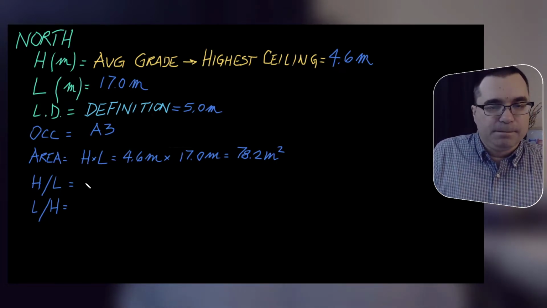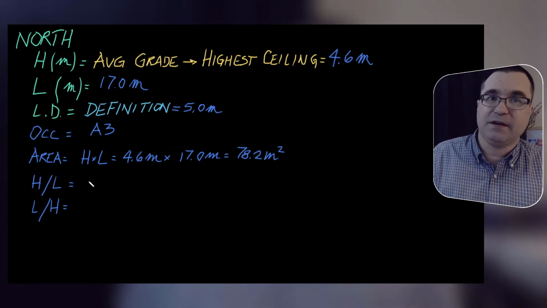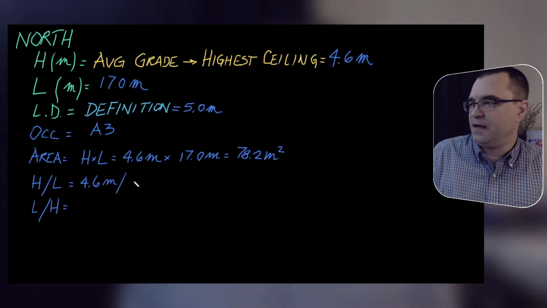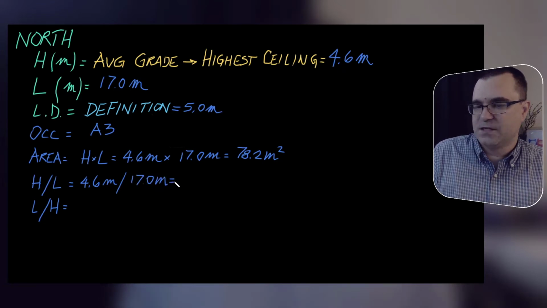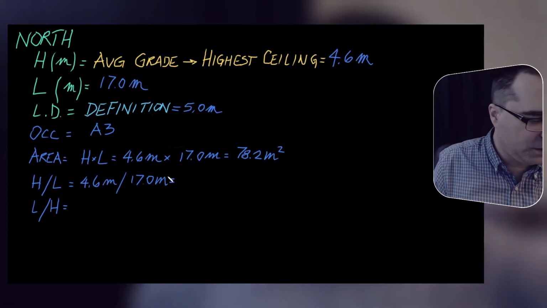H over L, that's the ratio of the vertical to horizontal dimension. That's going to be 4.6 meters divided by L, which is 17 meters. Best 2 out of 3. What do we get for that? We just put a calculator handy right here.